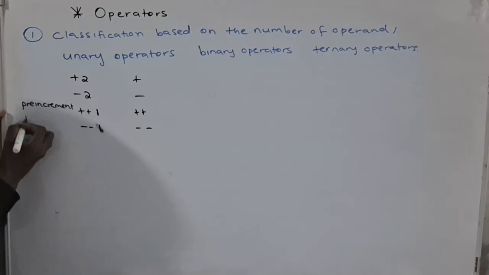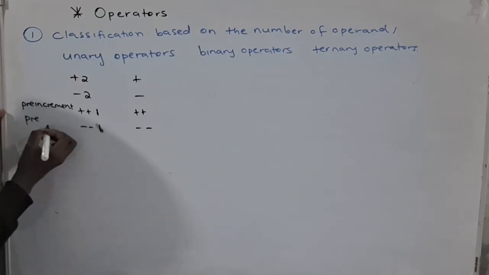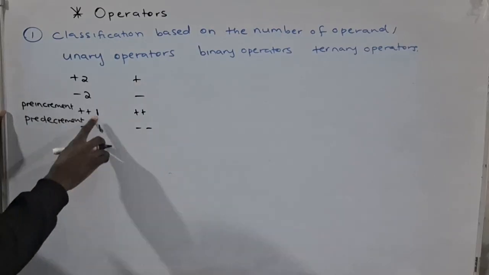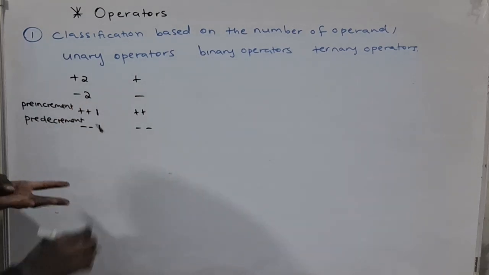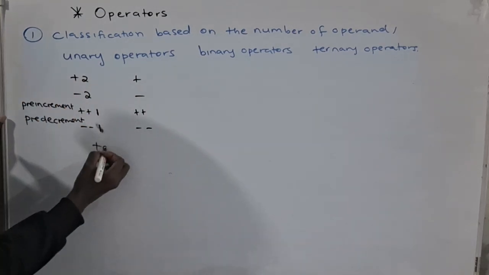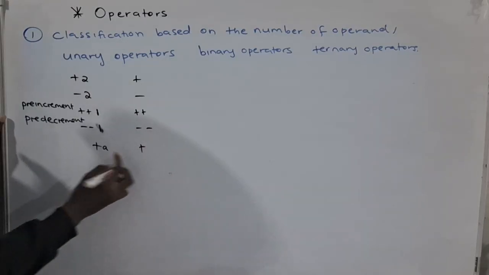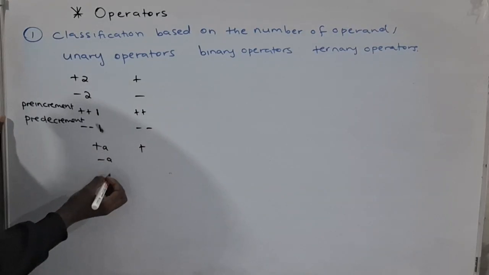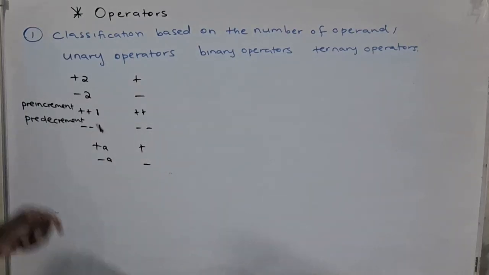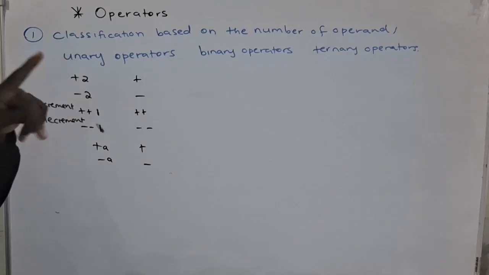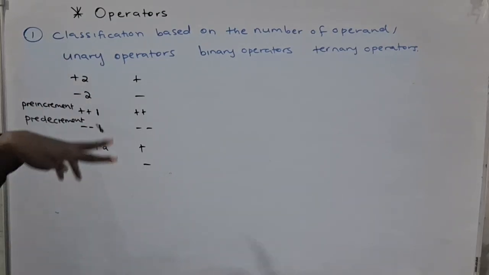Minus minus is called pre-decrement. Positive 2 and negative 2 are simple numbers with signs. Even if you just write plus a, this positive is a unary operator because we only have one operand. If you write negative a, again negative is a unary operator.